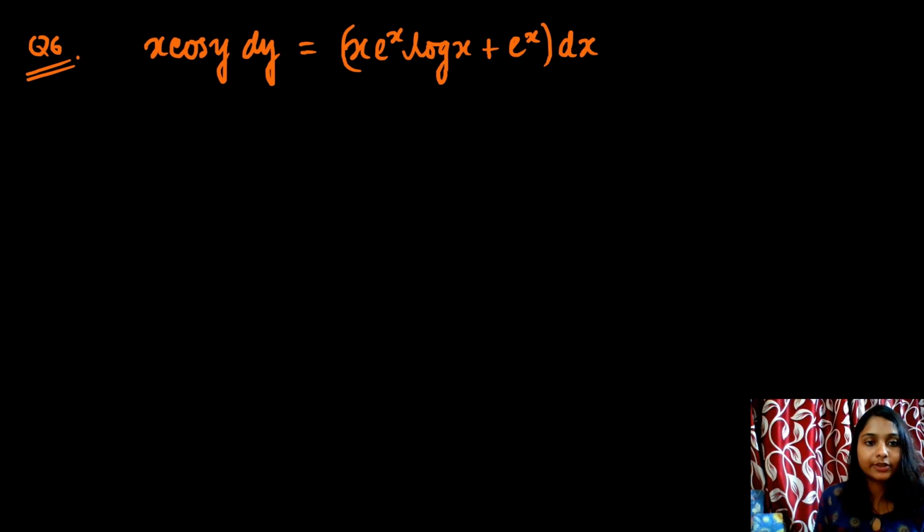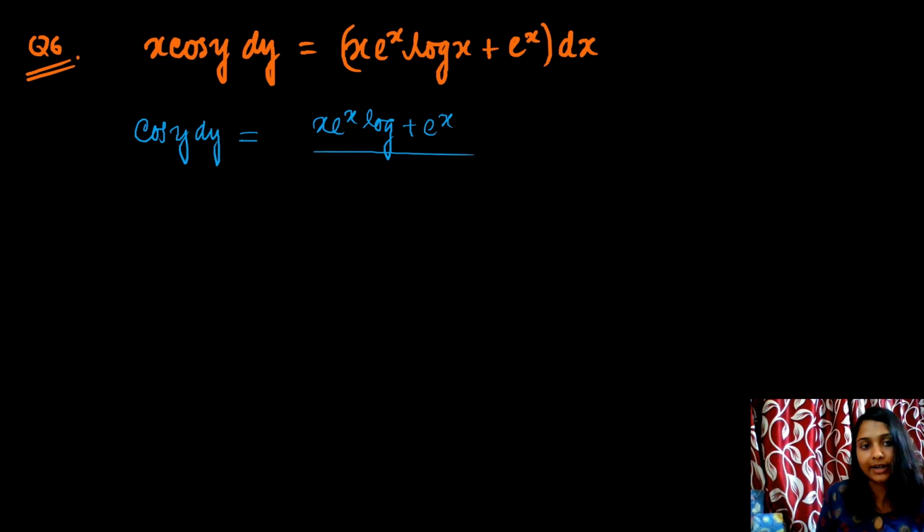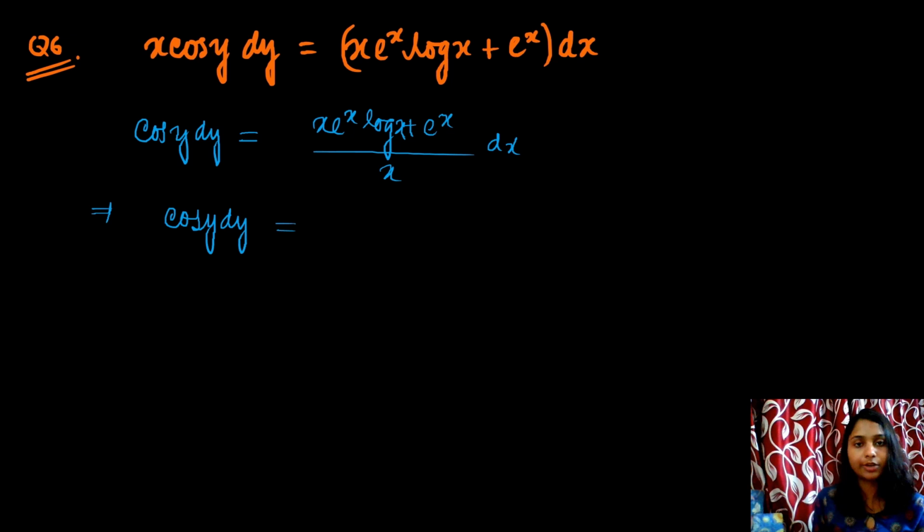Okay, so for this problem, again we need to separate the variables. It will give cos y dy equals, so here x e power x log x plus e power x divided by x dx. So integration of cos y is very easy to find out, but we need to reduce this part.